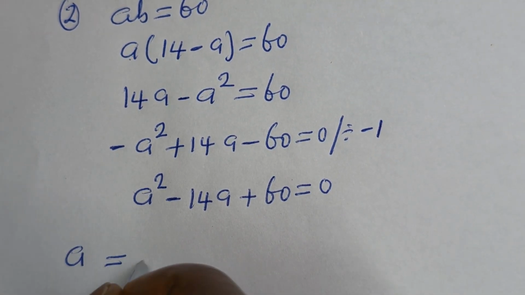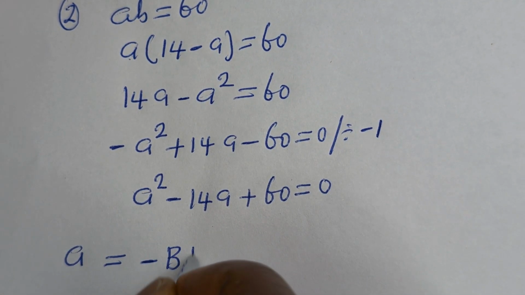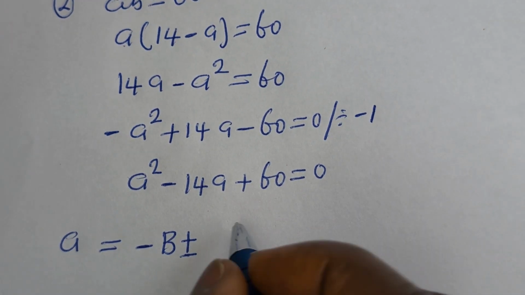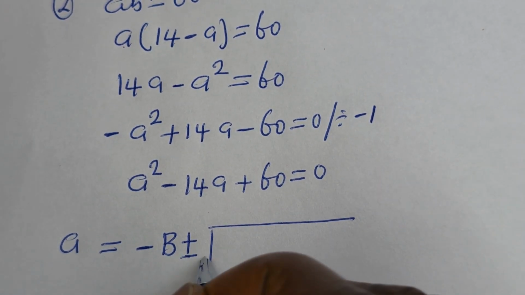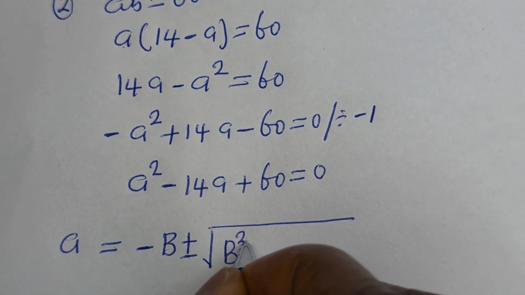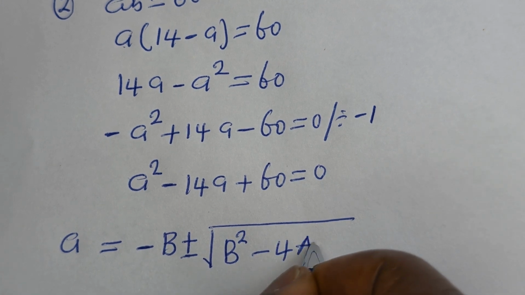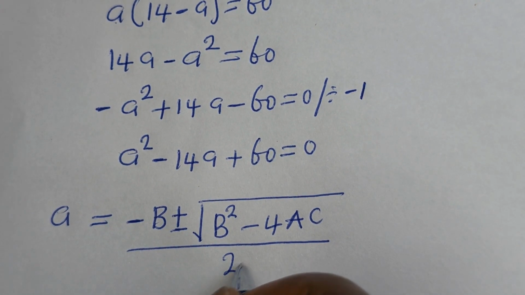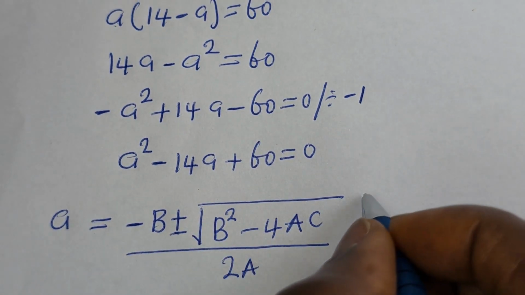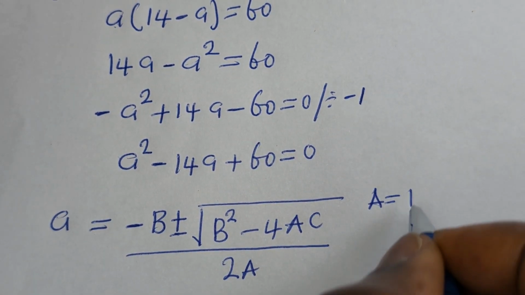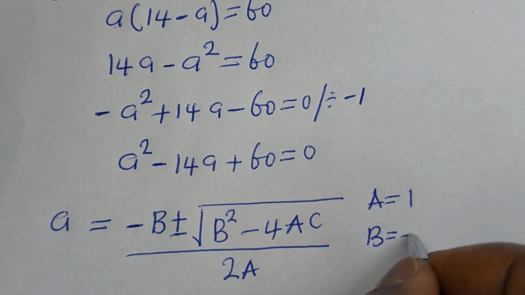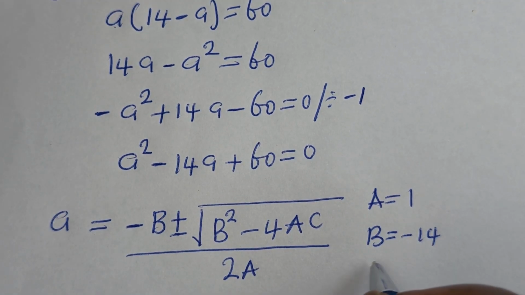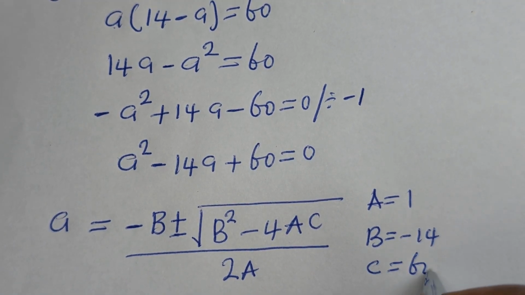A is equal to minus B plus or minus square root of B square minus 4AC over 2A. And from this equation, A is equal to 1, B is equal to minus 14, C is equal to 60.